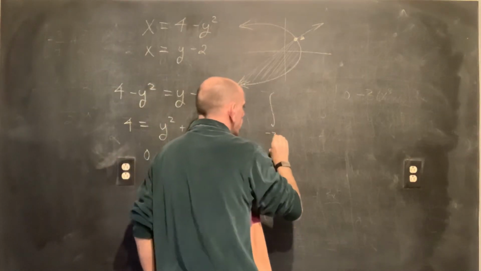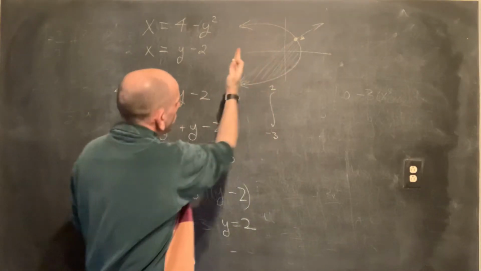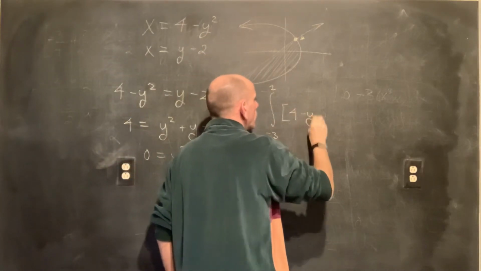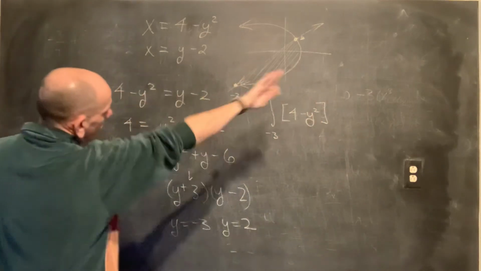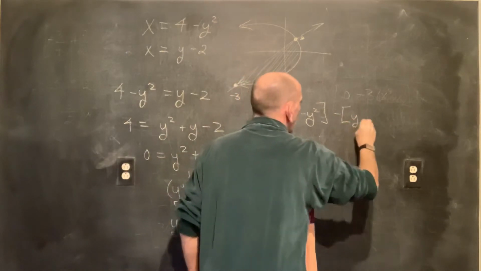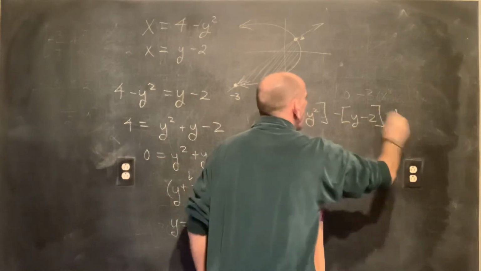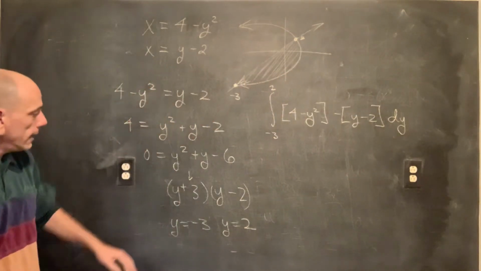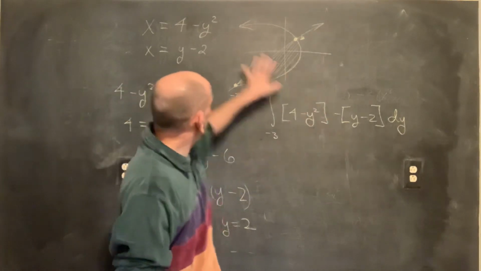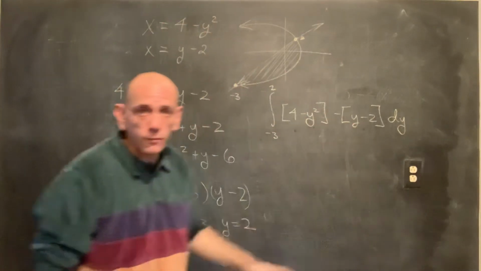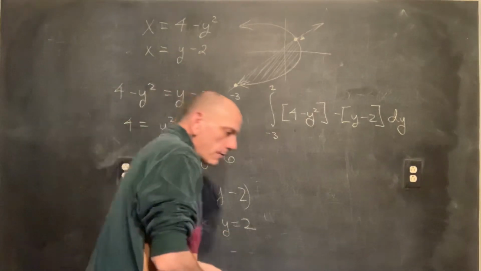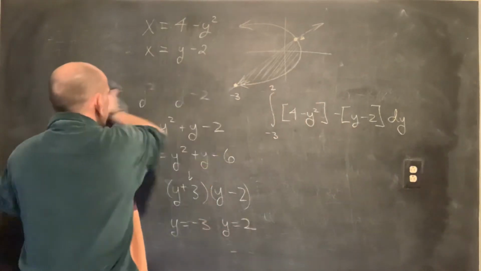Integral from negative 3 to 2. And again, we've determined on that interval the parabola 4 minus y squared is greater, further to the right, than our linear function, minus y minus 2. This is dy. Now we recognize that these bounds are y bounds, right? And our functions are all in terms of y. Good, now from here, it looks like we're just doing some algebra and we'll have some power rules.